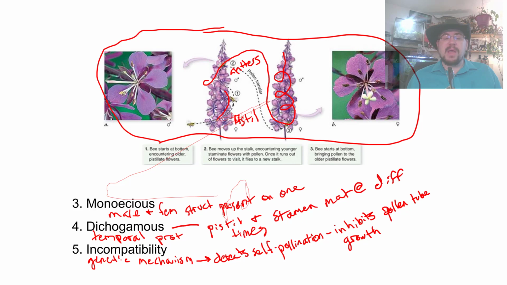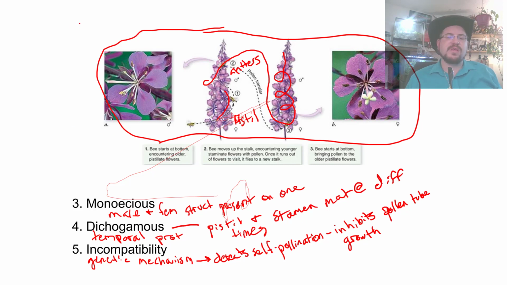So, when the pollen grain can be recognized by the genetic mechanisms involved, there are plants that can activate a pathway that ends up inhibiting the pollen tube growth on a plant that's too closely related. So that's pretty neat. Genetic incompatibility.